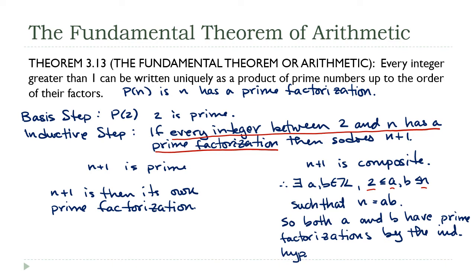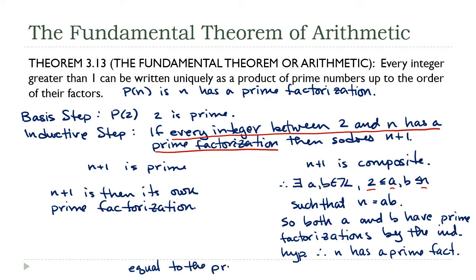Well, and that's the end, right? Therefore, n plus 1 has a prime factorization equal to the prime factorizations of a and b. Sorry, I'm going to jump way over here because I need more room.